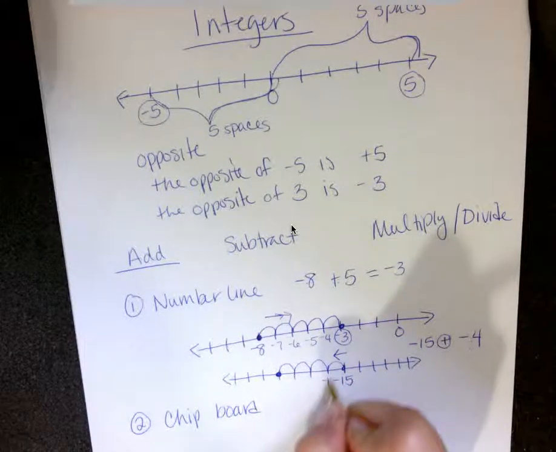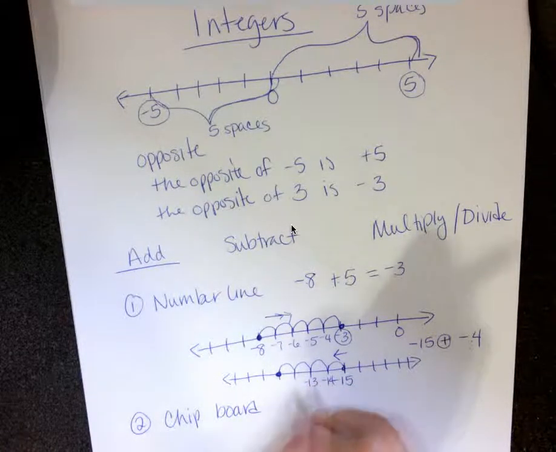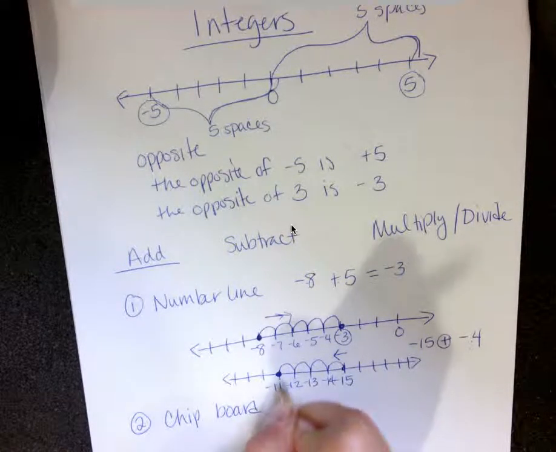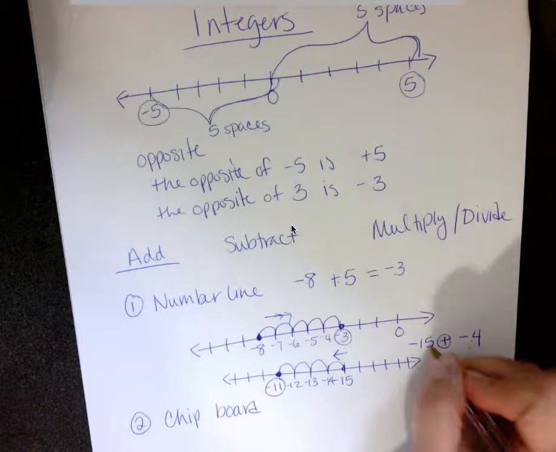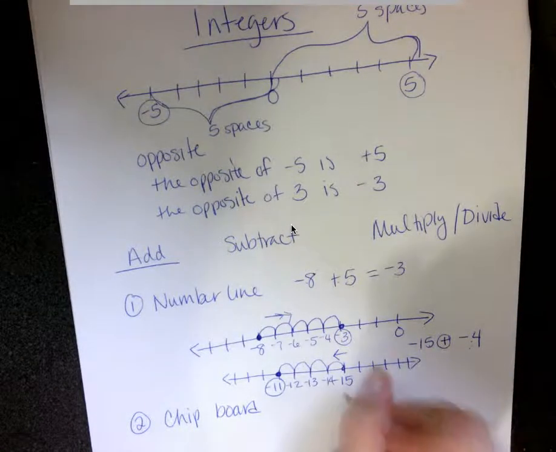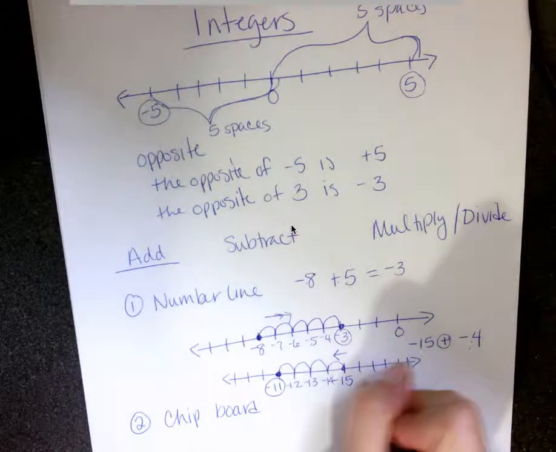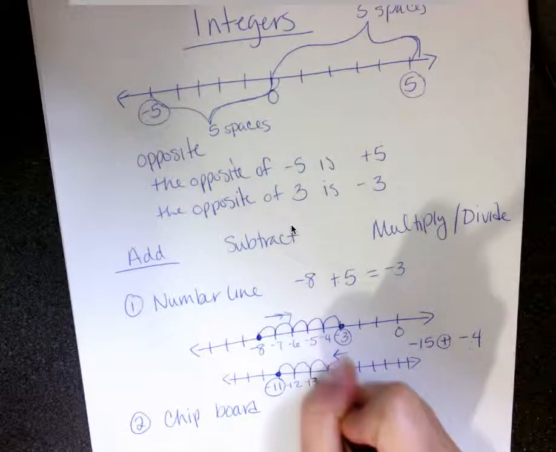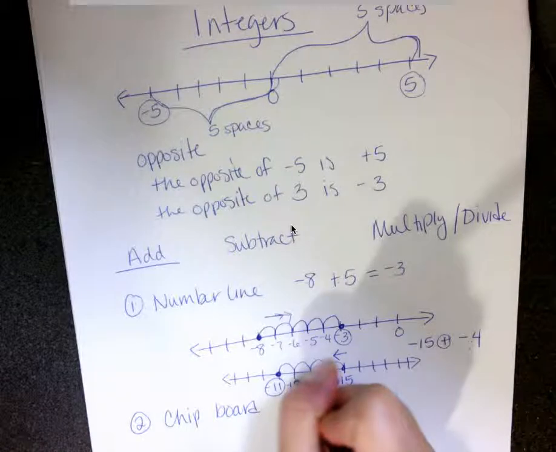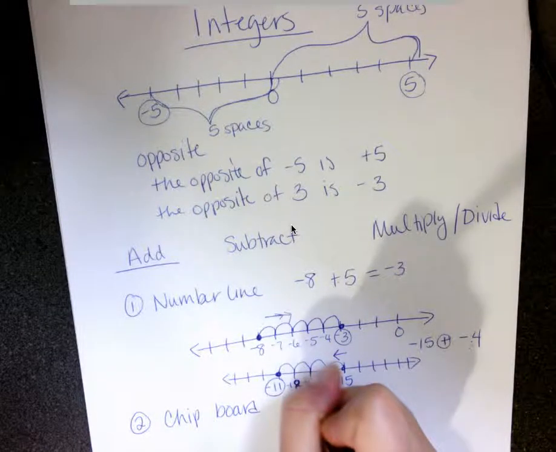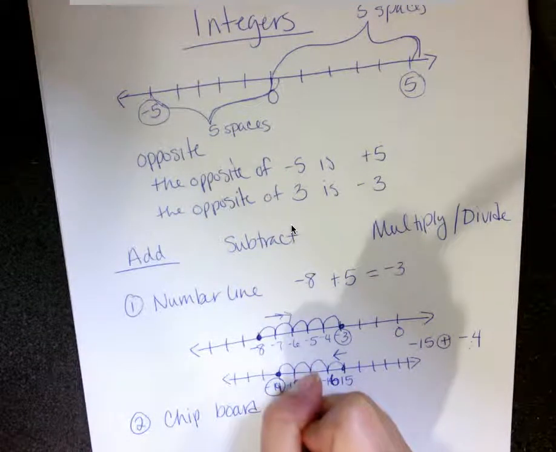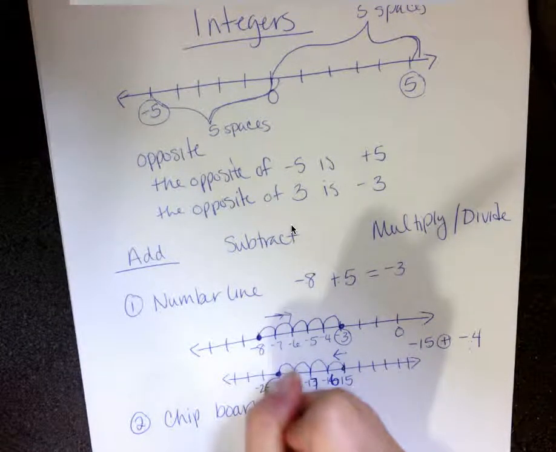And that would be negative 14, negative 13, negative 12, negative 11. So negative, oh, I was counting wrong, excuse me. Negative 15, negative 16, negative 17, negative 18, negative 19, the next one would be negative 20, and so on.